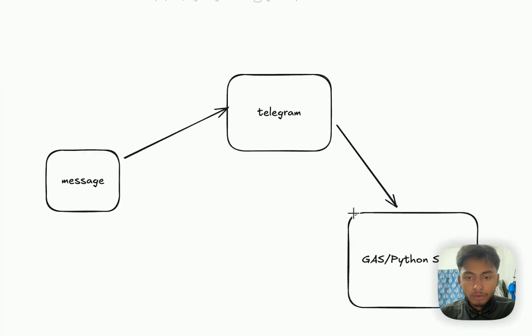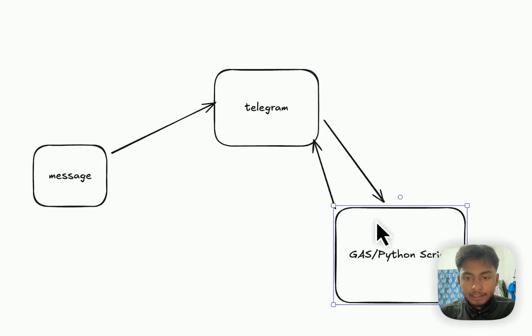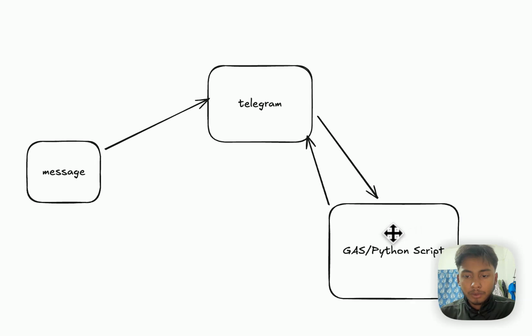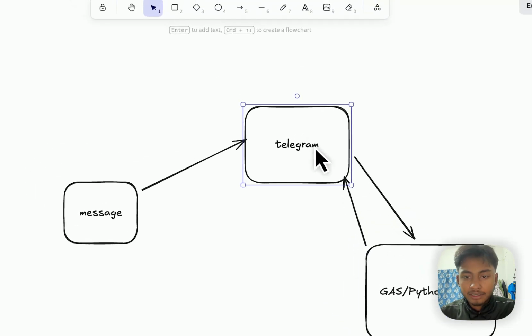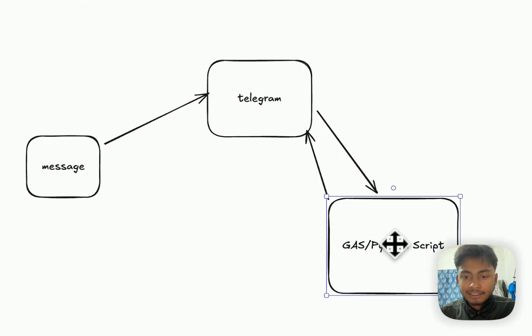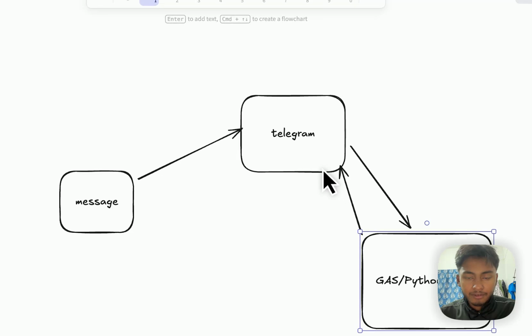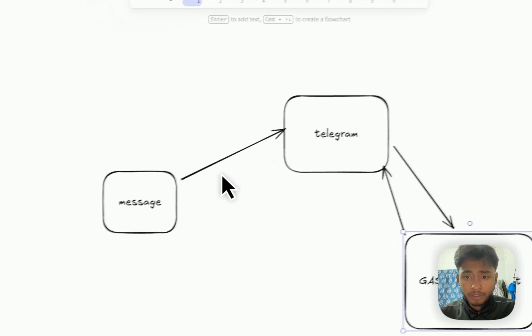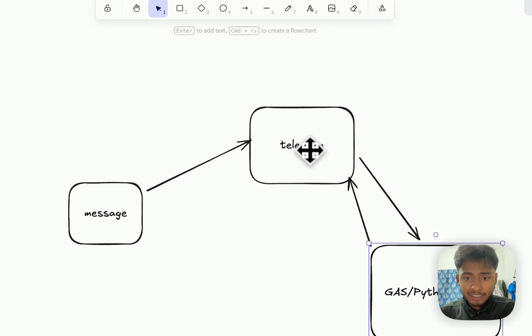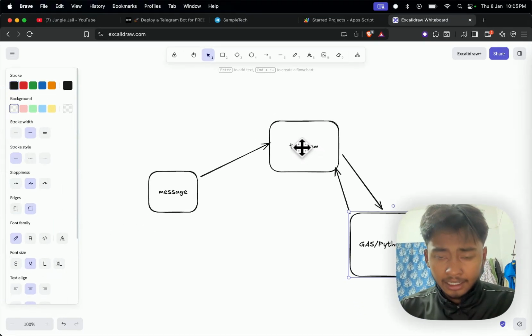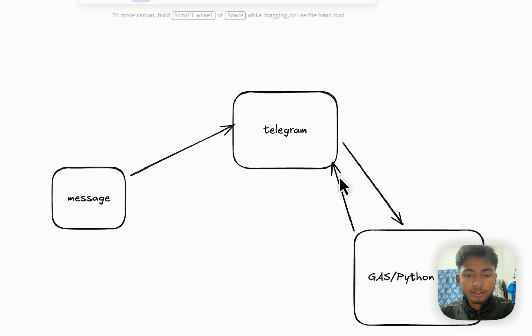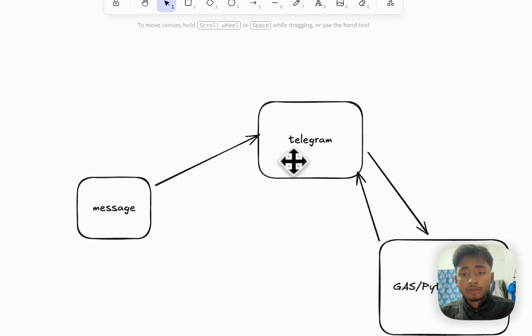So we don't have to do polling. In many cases people do polling, where if Telegram doesn't fire the webhook, the GAS script asks Telegram whether there are any new queries from any user, any pending messages, and Telegram says this many messages are remaining, now you have to reply to these users.